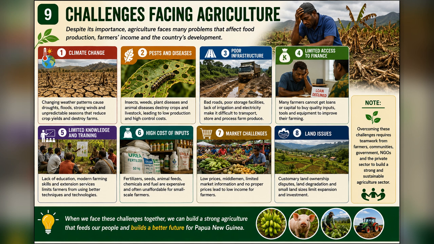Poor infrastructure, such as bad roads and limited storage facilities, makes it difficult for farmers to transport and sell their products. Some farmers also have limited access to finance, training, tools, and technology. Market problems and land issues can also reduce farmers' income and limit agricultural development.